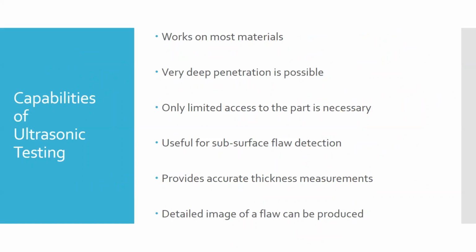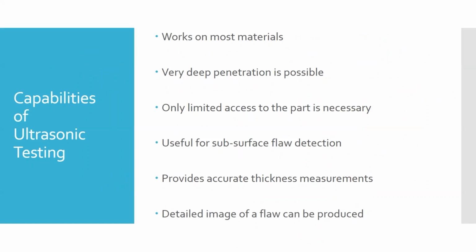So it's a very common method to use on composites, where you're dealing with fiberglass, glass fiber reinforced plastic, or carbon fiber, CFRP, carbon fiber reinforced plastic, or other types of composite materials like this. But it can be used on metal parts as well. It often is used on metallic parts, and in some cases can be used as an alternative to eddy current testing.